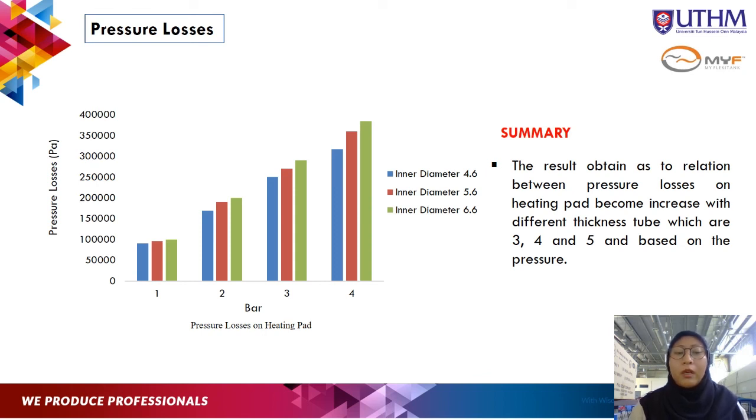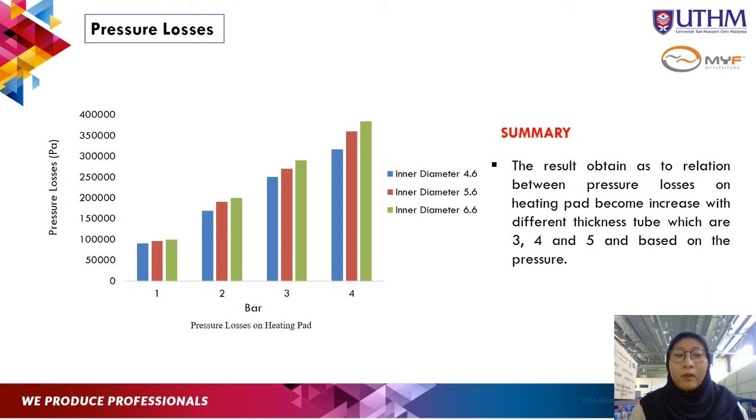So the highest value of the pressure losses is at thickness 3 mm, which gets 400,000, the highest value of pressure losses.